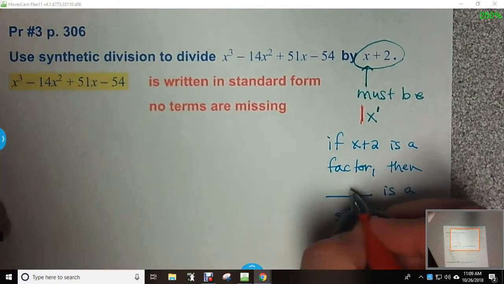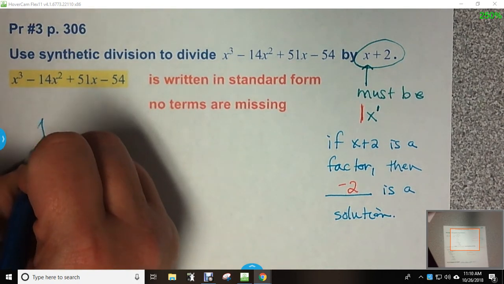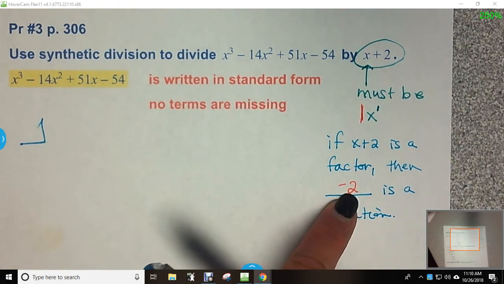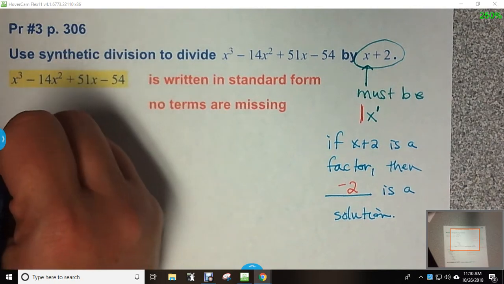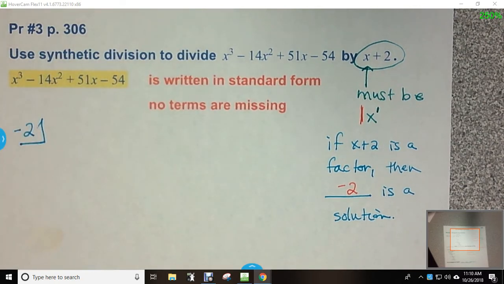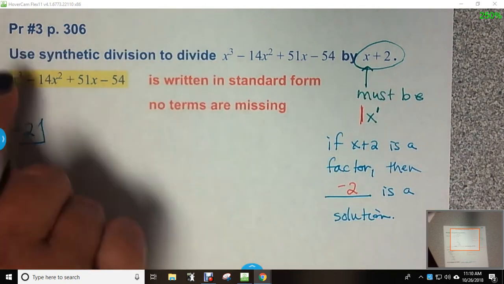Negative 2. Okay, so what you're going to do when you set this problem up is you're going to start out with a little half box over here, and that possible solution goes in that half box. So I'm going to put a negative 2 here. The easy way of thinking about that is to look at your binomial and just do the opposite of that number. The opposite of that number goes in the box.